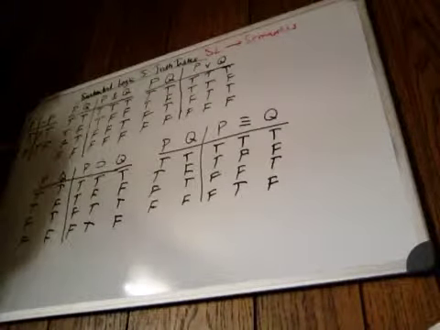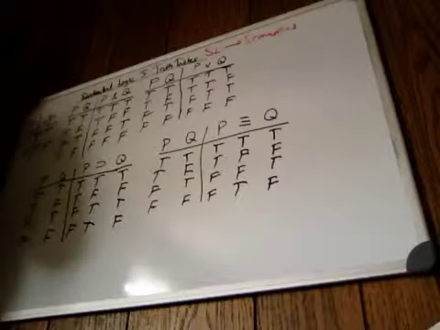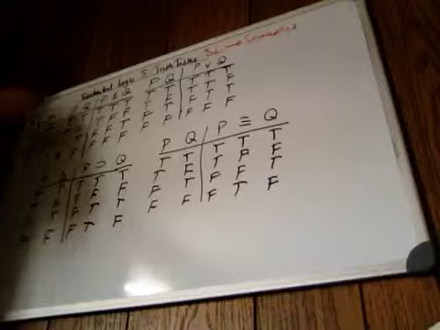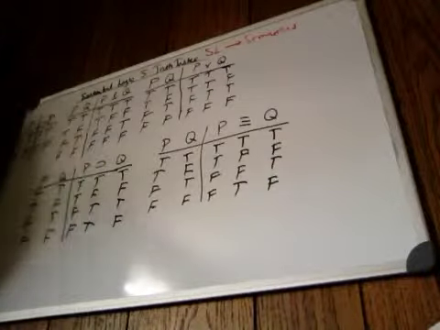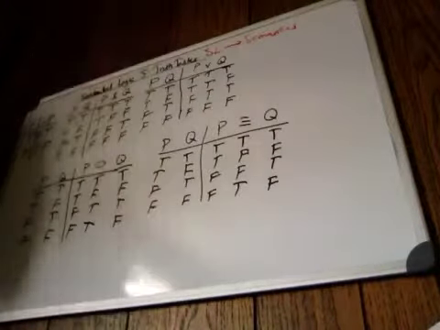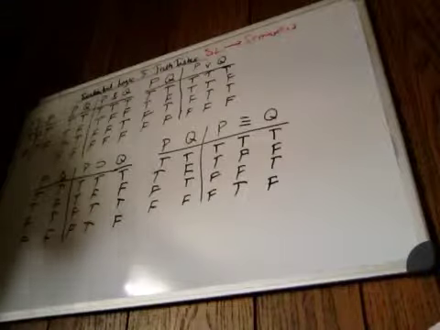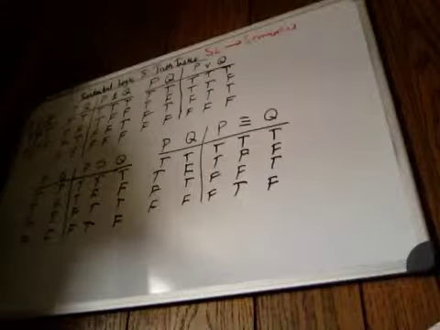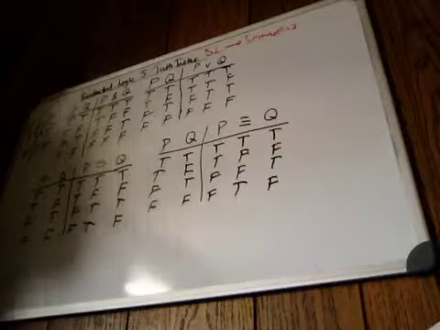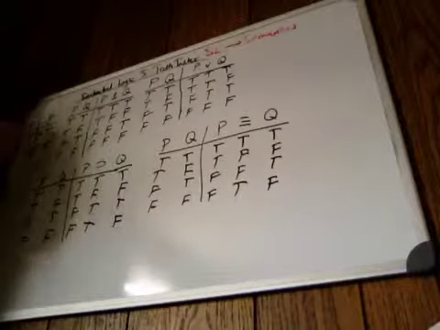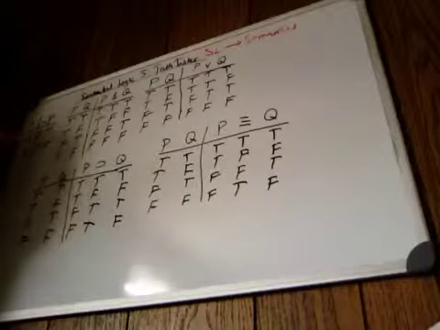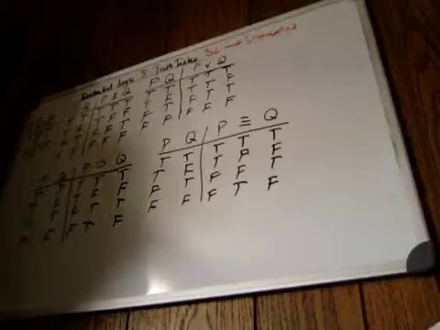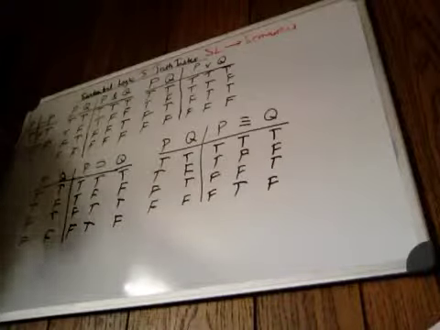If P were true, then if you were to slap a tilde on it, the value of the whole thing would be false. Whenever you slap a tilde onto a letter, that reverses the truth value. So if you have a letter which is true and you slap a tilde on it, then it's false. And if you have a false letter and you slap a tilde on it, then it becomes true.